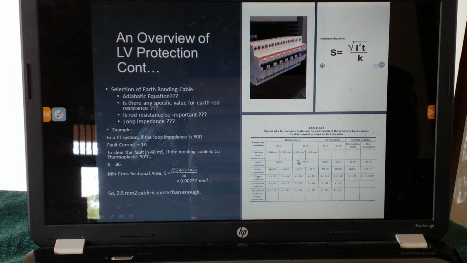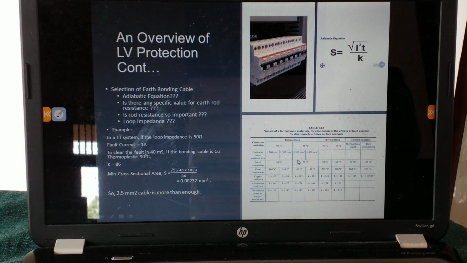Depending on the fault current, you have to select the earth bonding cable. If you are going to select a 2.5 mm earth cable, which is the most common earth cable in the Sri Lankan system, and you use a TN system, think about it: the fault current will be about 230 amps.